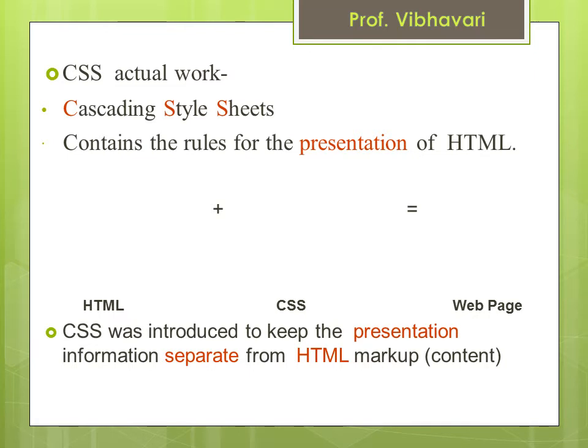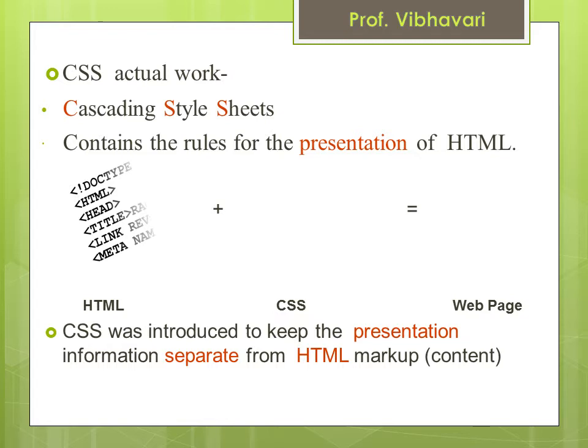How does the CSS actually work? As you know, the CSS is cascading style sheets. It contains the rules for the presentation of the HTML. So that means there should be the HTML code.